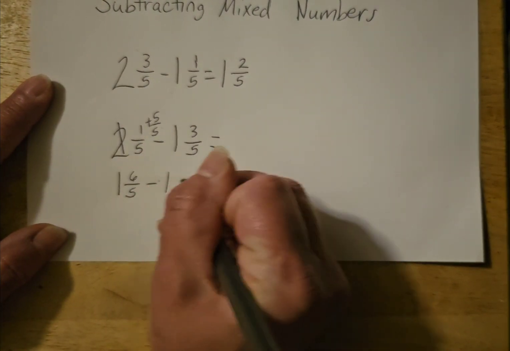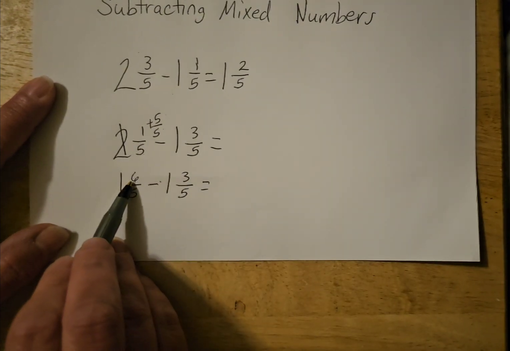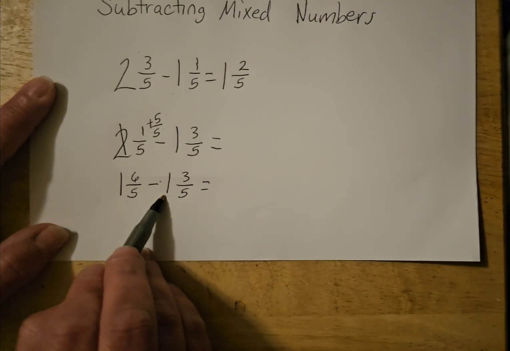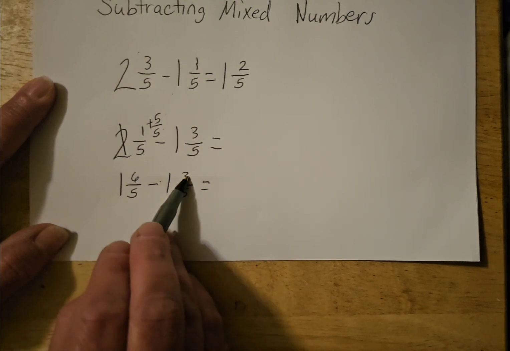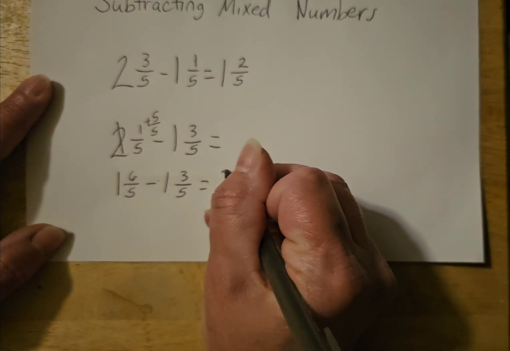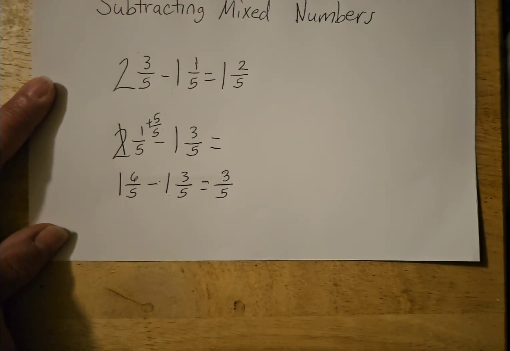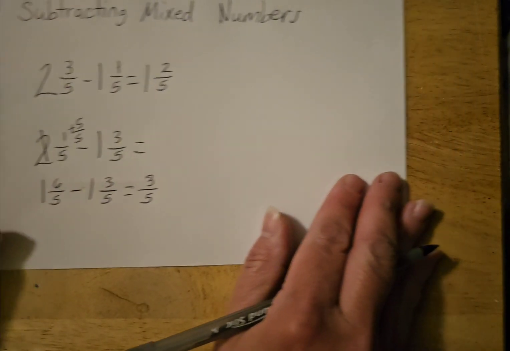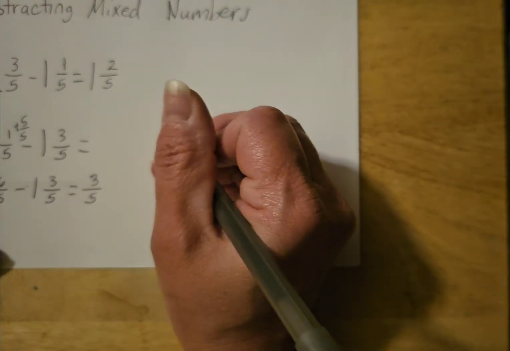Then I could subtract. Now I can subtract 1 minus 1, my wholes, which would leave me with 0. And 6 fifths minus 3 fifths would leave me with 3 fifths. So another example of that with regrouping, I'll show you one more.